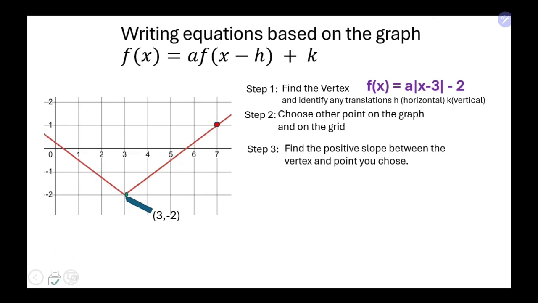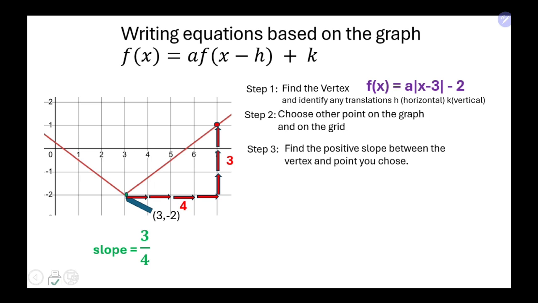So we count the boxes, and we have 4 units horizontal, and up 3. So what is my slope? Rise over run, 3/4.